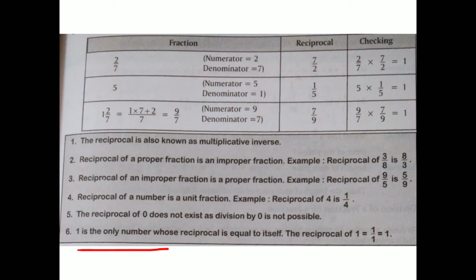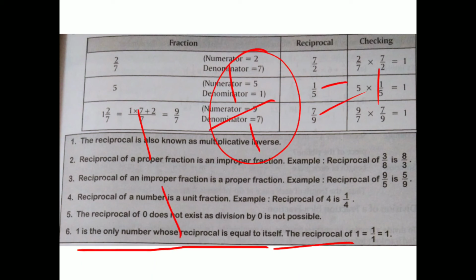Next, 1 is the only number whose reciprocal is equal to itself. We take 1 and its reciprocal is also 1 upon 1, and its value is 1. एक ही एक ऐसा नंबर है 1 जिसका रेसिप्रोकल भी 1 ही होता है, सेम itself number. OK, so these are all the points.